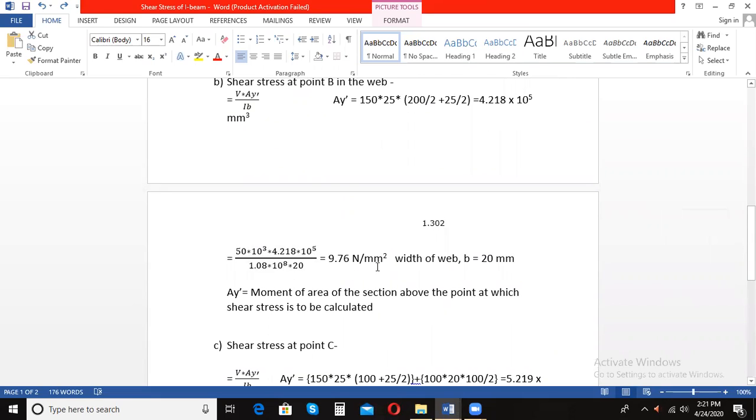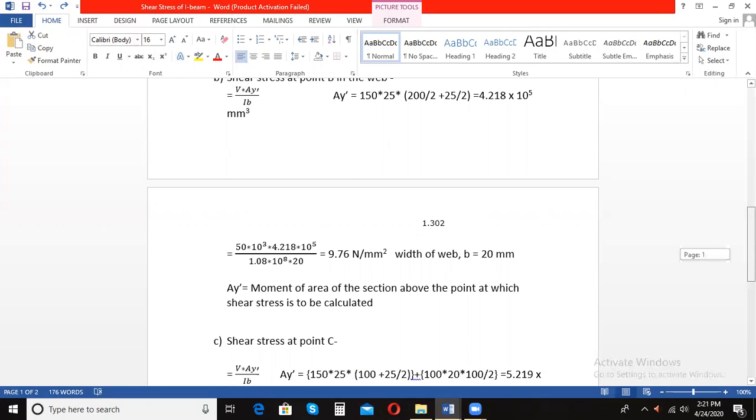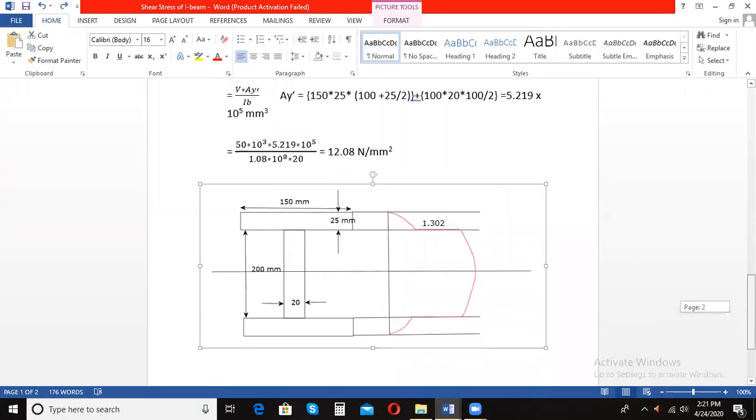So at the same point, the value of shear stress in the flange is much lower than the value of shear stress in the web. First you have plotted 0, then you increase the value of shear stress to 1.302, then for the same level, the value of shear stress has been increased to 9.76.